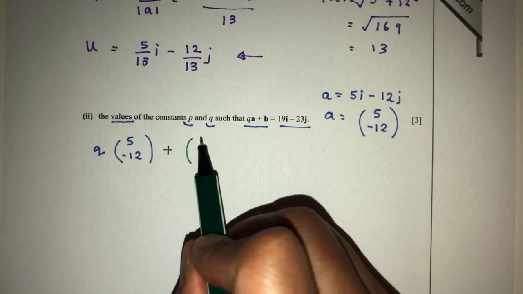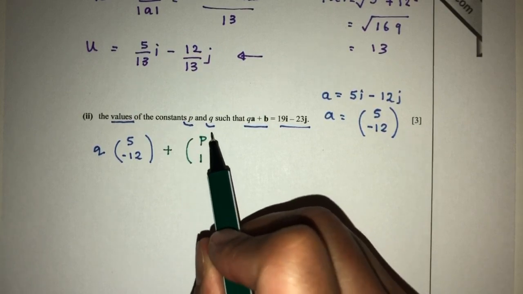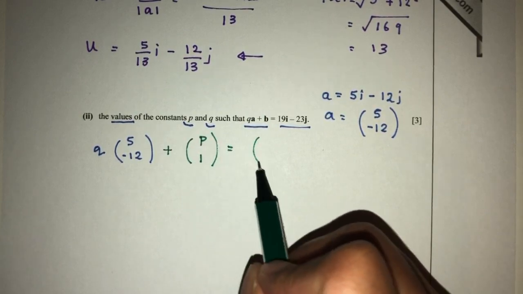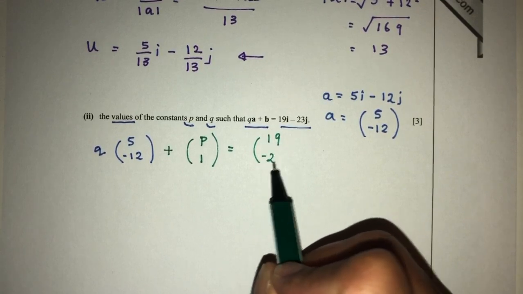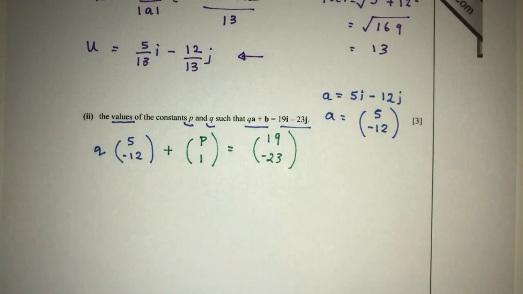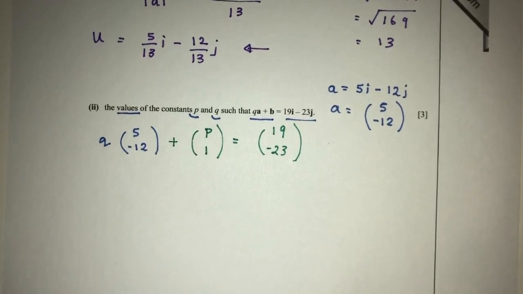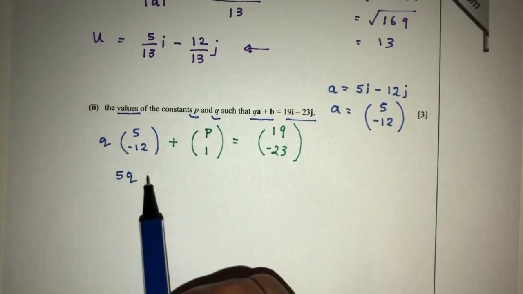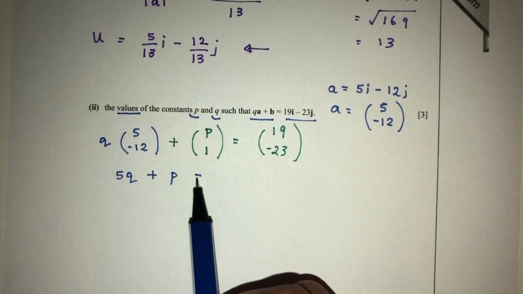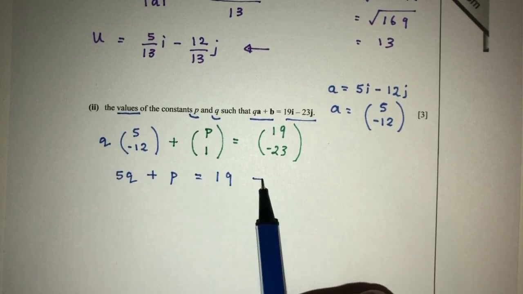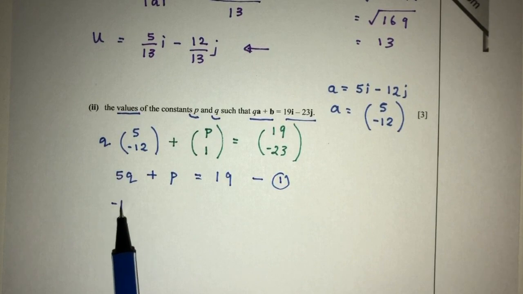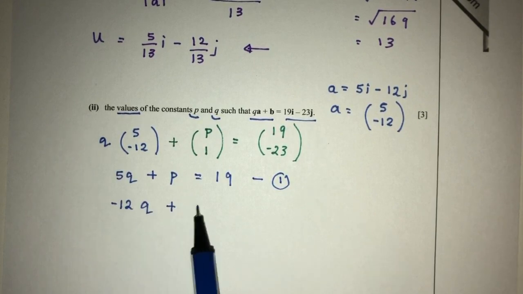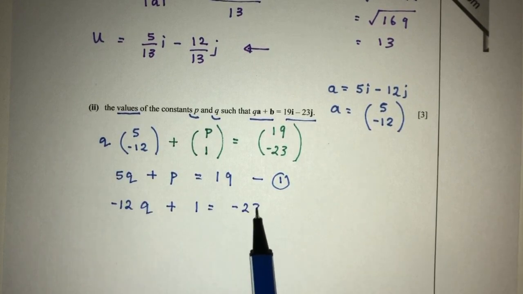b is p, plus 1. And that is equal to 19, minus 23. So basically we have to form equations and solve this equation. So expand, we have 5q plus p is equal to 19. That's my equation number 1. And we have minus 12q plus 1 is minus 23.